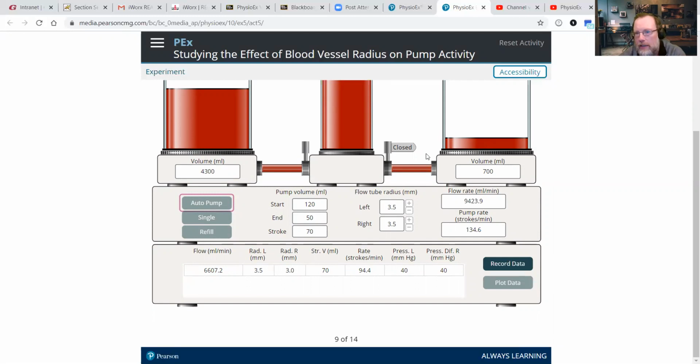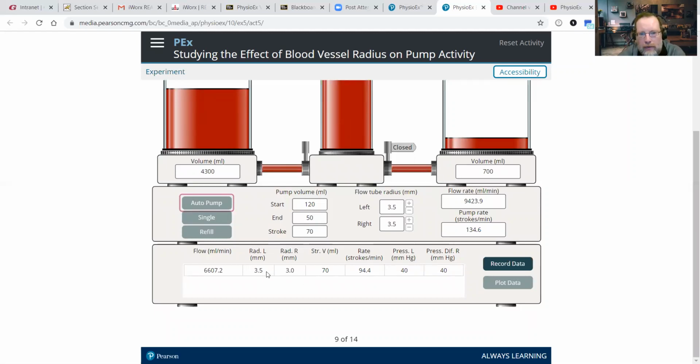We're pumping 10 times. Remember, it told us to do 10 auto pumps. So this volume is going to be 70 times 10 strokes, which gives us 700. Remember the first one, we did one single one and we left that 70 in. We didn't refill it. That's why you'll recall that it did say 770.